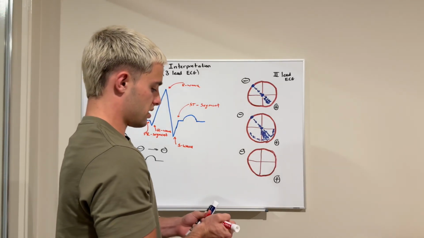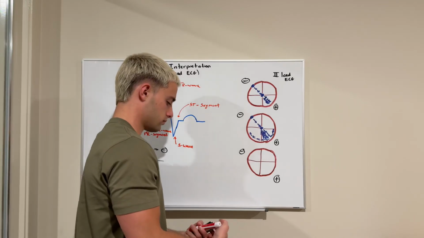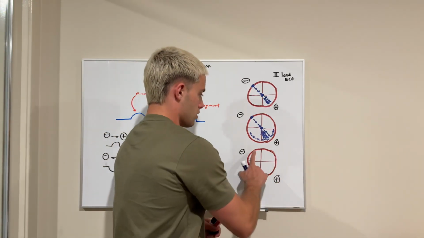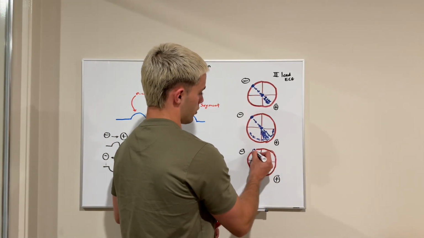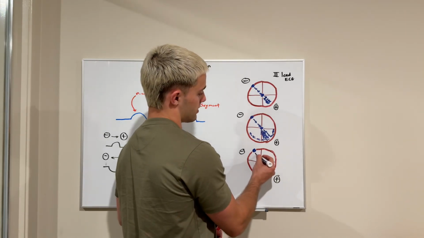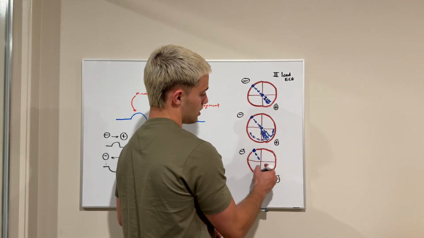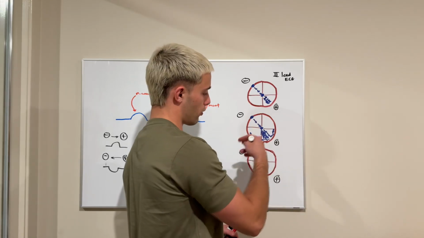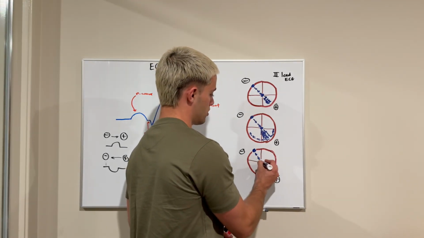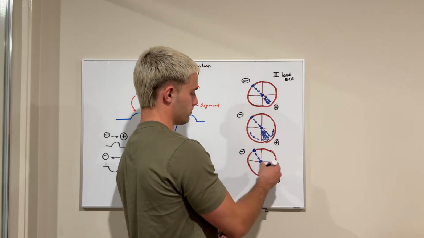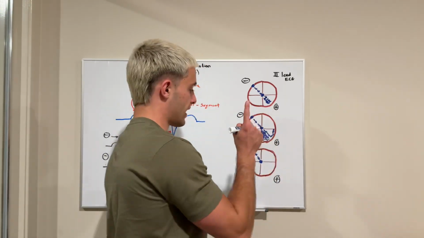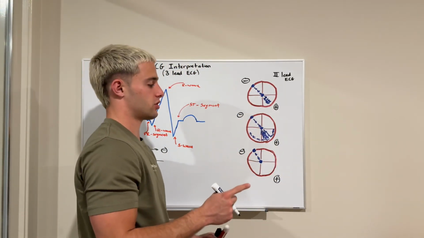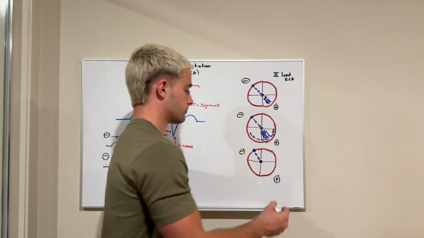So if I come down here, once again, we have the SA node, and the SA node sends action potentials, depolarizing the atria, contracting the atria, to the atrioventricular node. The action potentials wait at the atrioventricular node.